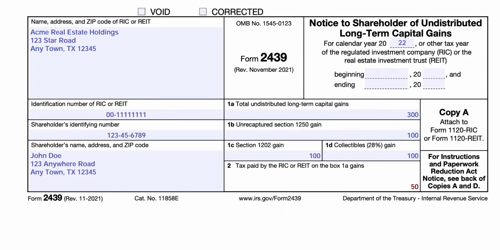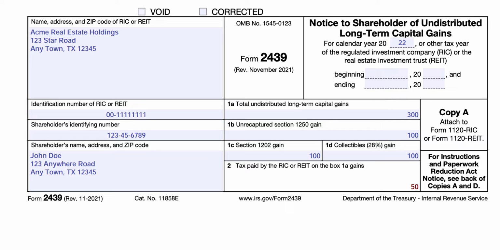So undistributed long-term capital gains are basically what they sound like: capital gains for which the company did not distribute the money to the shareholders, but retained it for their purposes while possibly paying the tax or having to at least report this as a taxable event. So we'll go through each section.